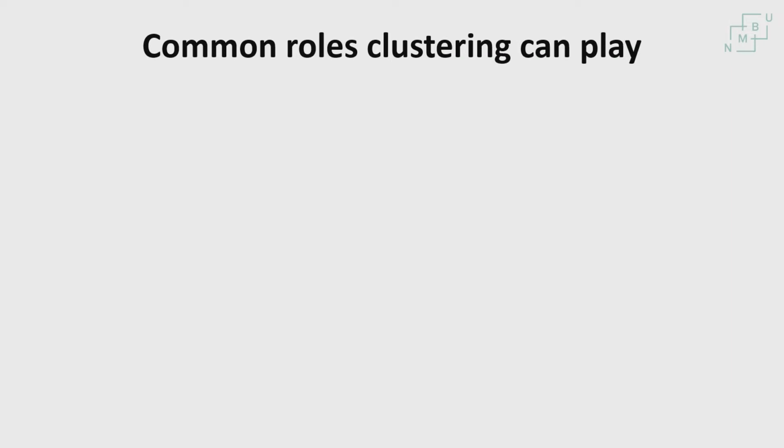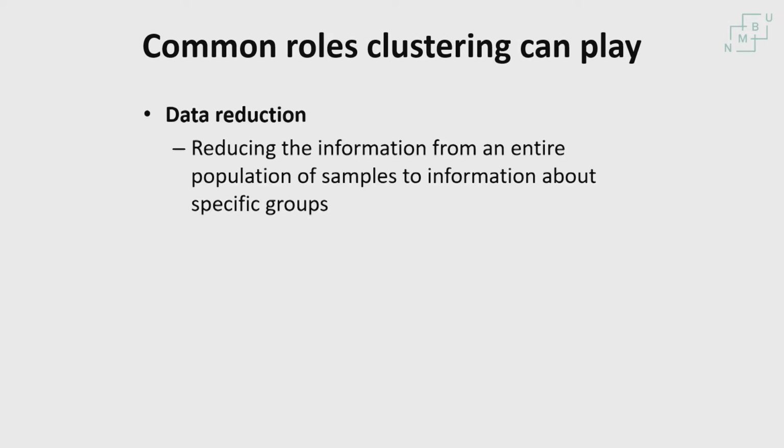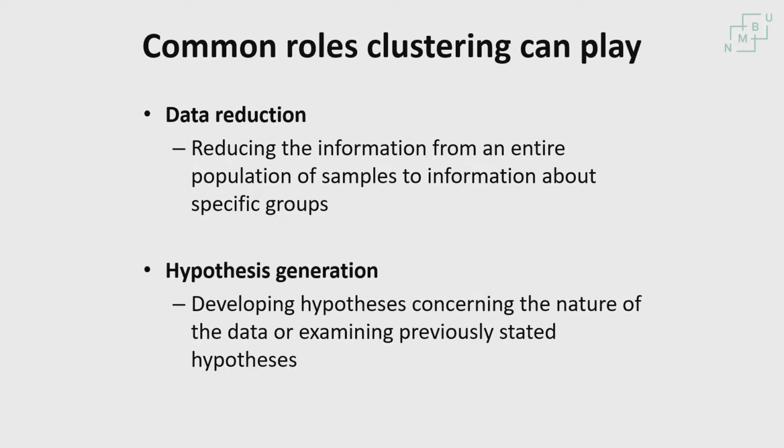Common roles that clustering can play is, for example, in data reduction, where we try to reduce the information from an entire population of samples to information about specific groups. Clustering can also be used for hypothesis generation, for developing hypotheses concerning the nature of the data, or examining previously stated hypotheses.